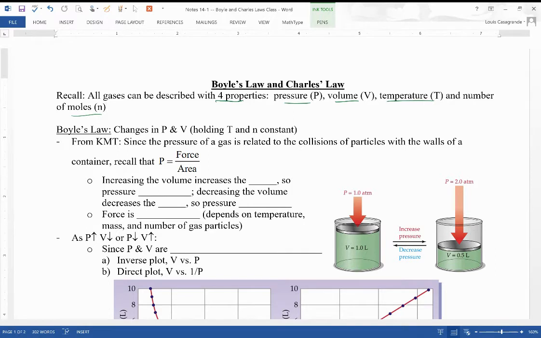So in this lesson, the first law we're going to look at is Boyle's Law, which is looking at changes in pressure and volume as we hold temperature and the number of moles constant. From kinetic molecular theory, we remember that pressure is equal to force over area. And as you remember, increasing the volume increases the area.